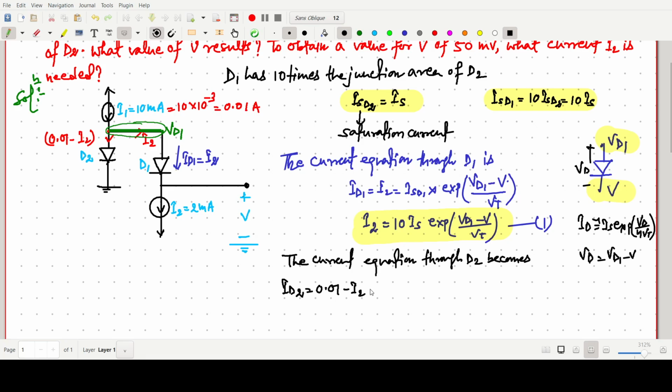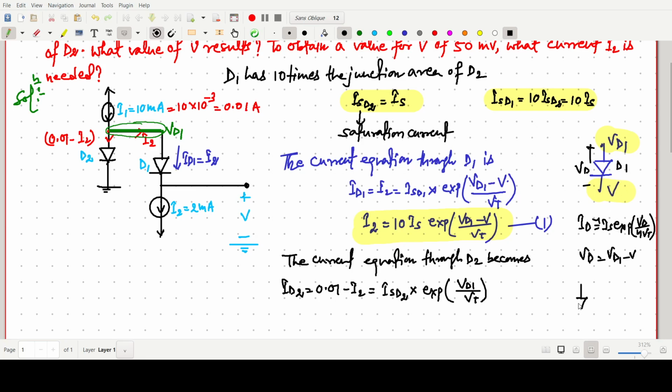Then again you have to write the diode equation. So here simply we can write I SD2, reverse saturation current, into exp VD1 by eta VT. So simply VT, because this one is our D1.